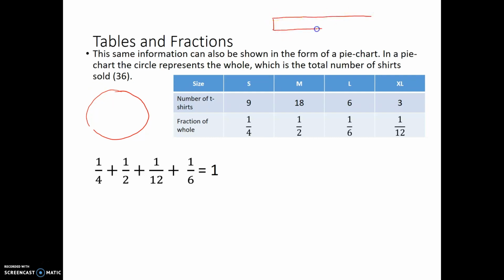So if we were to look at a bar model here and label it like this, where the whole is 100%, you know that that 100% could stand for just about any number. So, for example, 100% of the t-shirts sold that day would be 36 t-shirts. Well, when we're looking at circle graphs, we can use fractions or we can use percentages to express the whole.